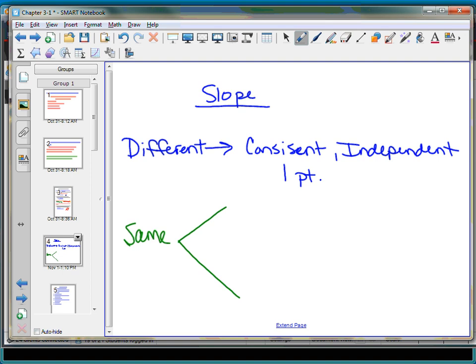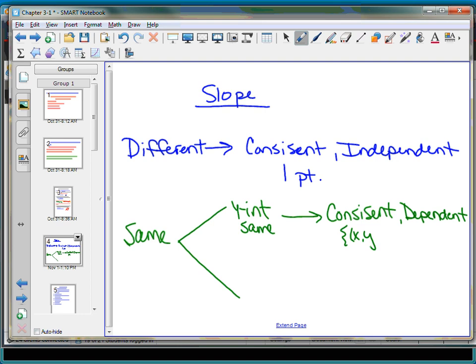The y-intercept. So now I need to look at my y-intercept. If my y-intercept is the same, and my slope is the same, then I am going to be consistent dependent. Meaning infinitely many, or x comma y such that, and then write the equation.